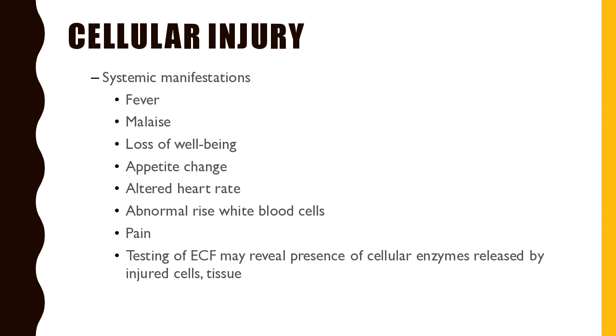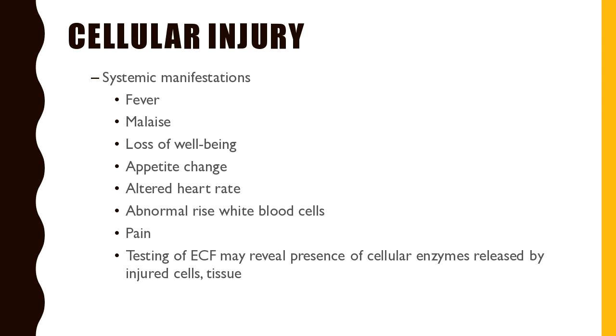And once cellular injury has occurred enough to affect tissues, and we know tissues make organs, then you're going to have a systemic manifestation of the problem. So that tiny little cell that has a tiny little problem, if it is tissue-wide, then you're going to notice a systemic change.